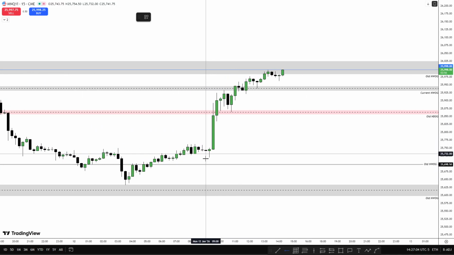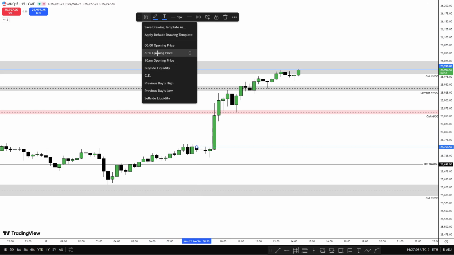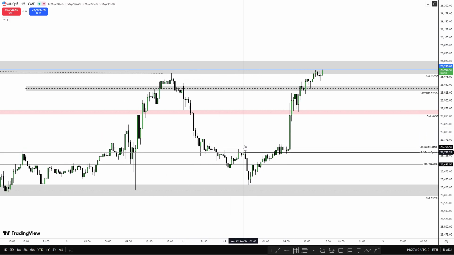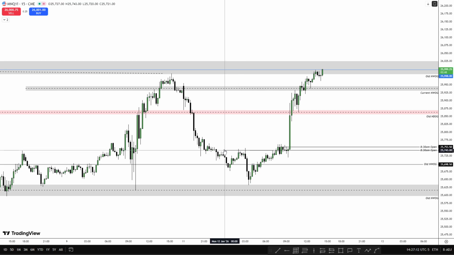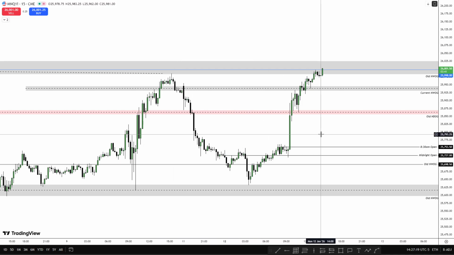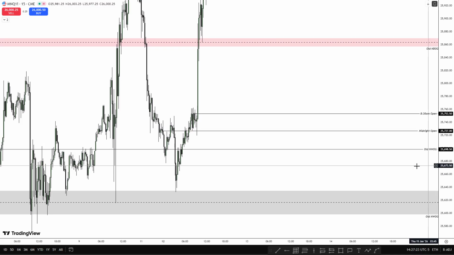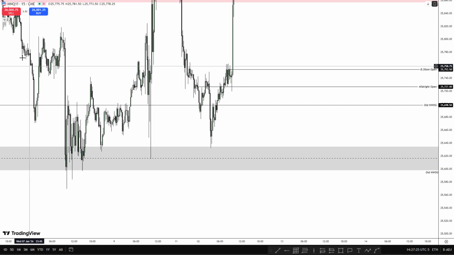We can mark out the 8:30 open right here, and then the Monday midnight open right here. You can see how price was precise today.